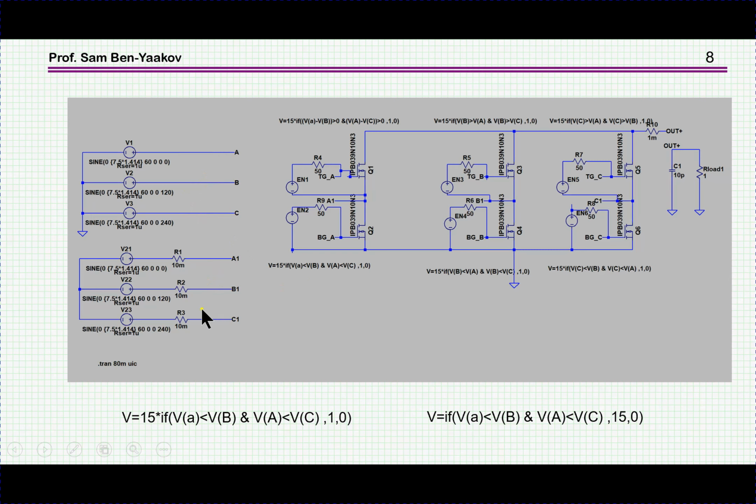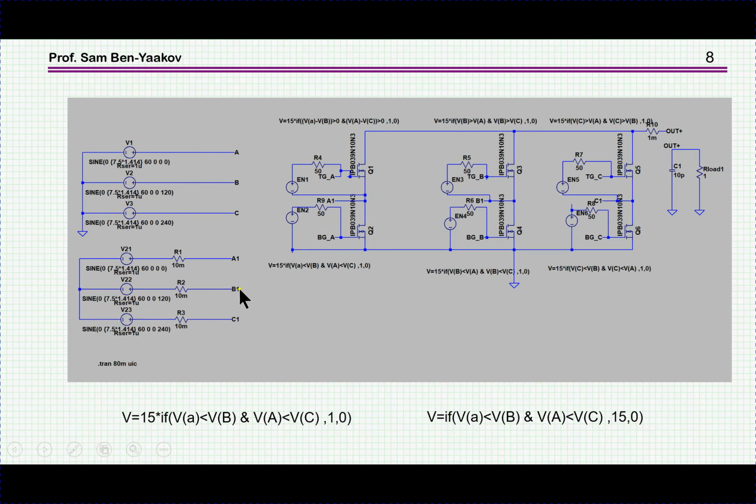This is actually a duplicate of this, except that it is not connected to the phases. This one is only used for sensing, and this one is indeed a power source to the rectifier. So we have these 3 phase sources, which are labeled A, B, C, and A1, B1, C1.